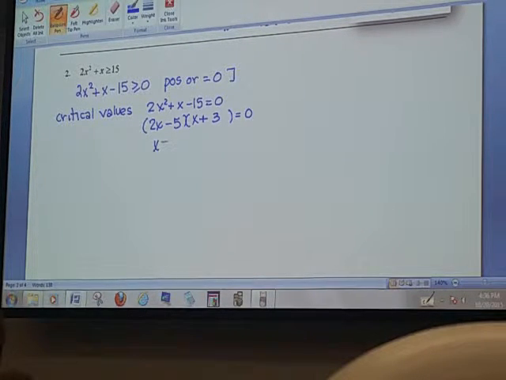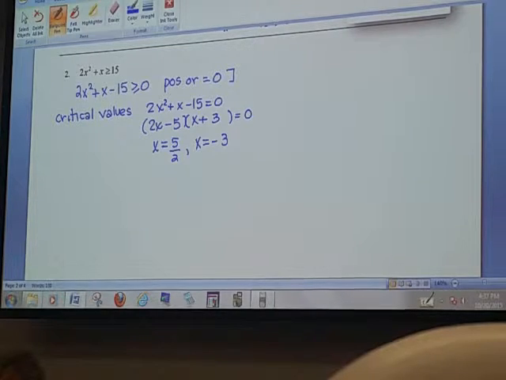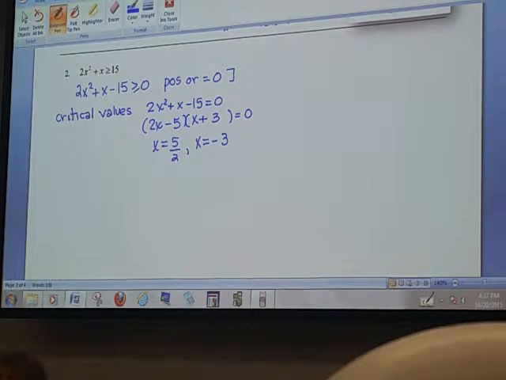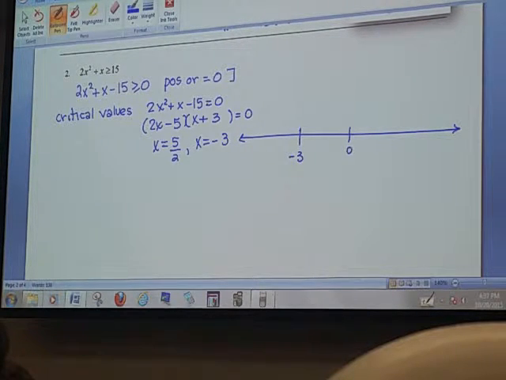So I will have x equals 5/2, x equals -3. And I use that to draw my number line. So I've got -3, 0, and 5/2.